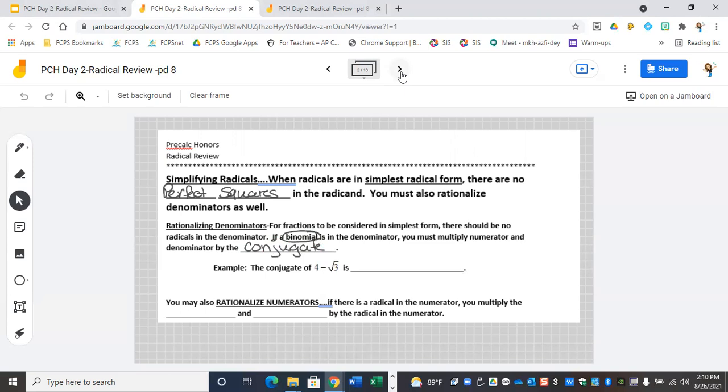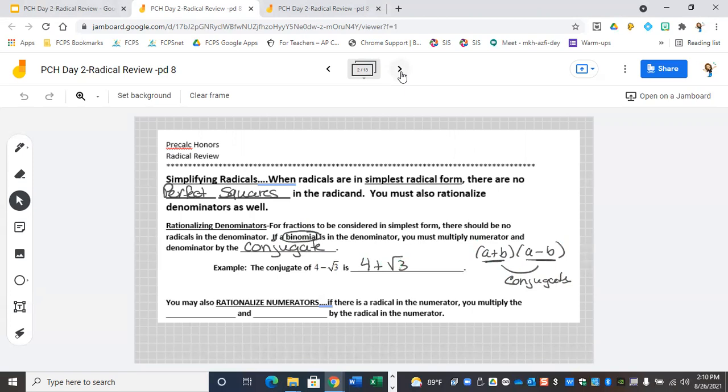To review, when you look at your factors a plus b times a minus b, which we saw when reviewing difference of squares on Monday, a plus b and a minus b are conjugates of one another. What makes a conjugate of a binomial is that the sign between the two terms flips. For example, the conjugate of 4 minus square root 3 is 4 plus square root 3.